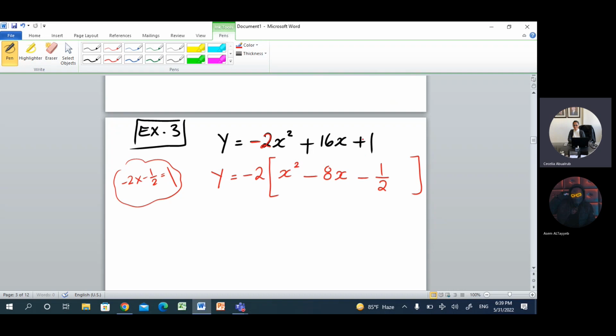So we will get back the 1. So that's how we factorize. After we're done with the factorizing, we identify the a, which is the coefficient of x squared, and it's 1, and the b, which is the coefficient of x, and it's negative 8, and c is the constant on its own, which is negative 1 over 2.